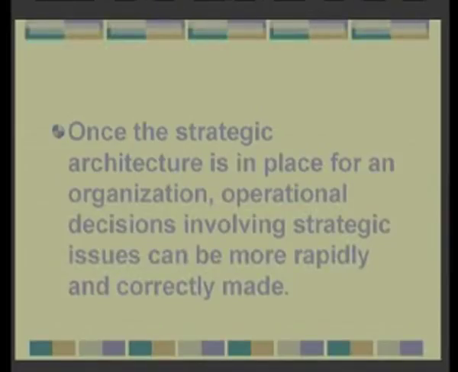So, once we analyze the strengths and weaknesses of the organization and the strategic architecture is in place, operational decisions involving strategic issues can be made more rapidly and more correctly for the effectiveness of the organization. Yes, are you understanding the strategic architecture?